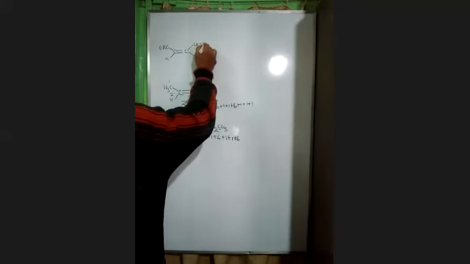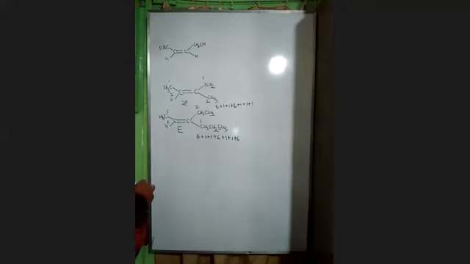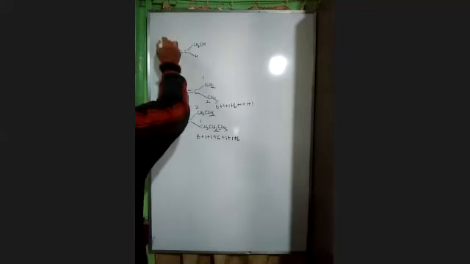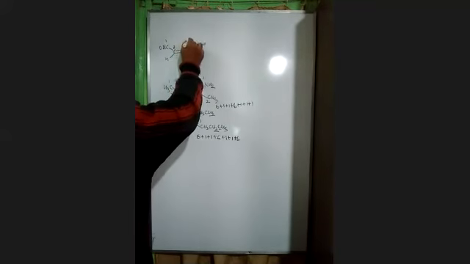Say this is the molecule. You know what is the name of this one. What is the name of this? This is having higher priority. So it is 1, 2, 3, 4. What is the name of this?